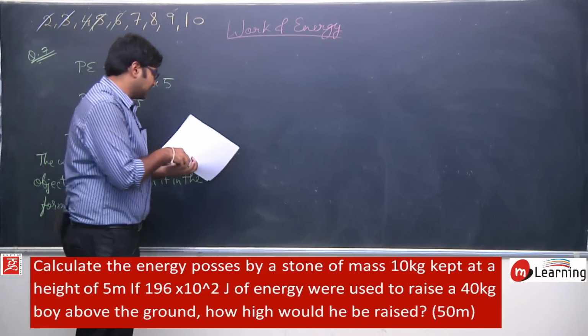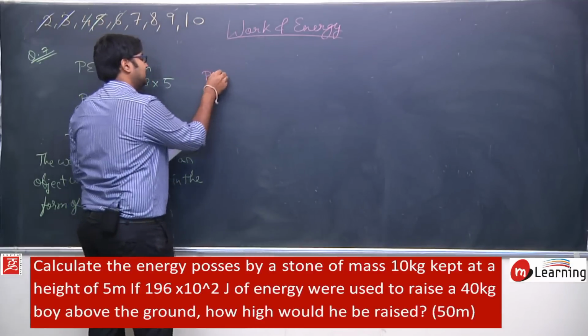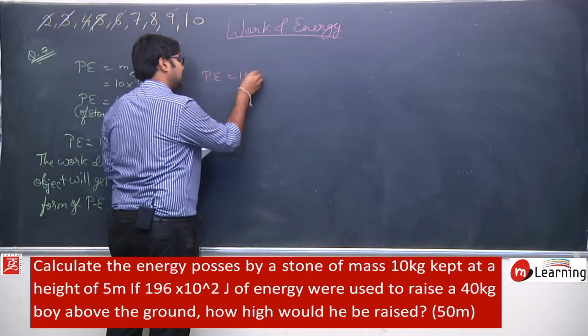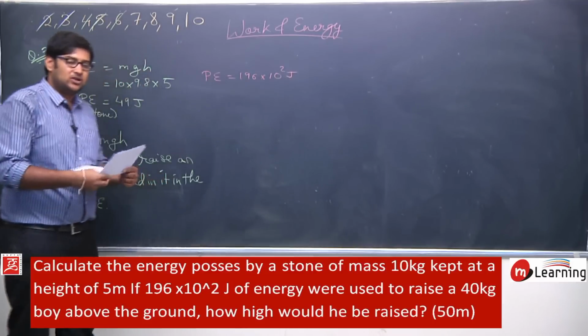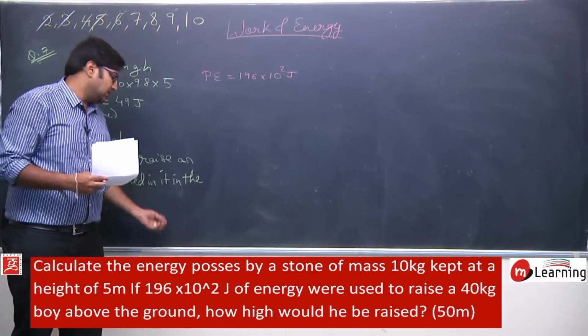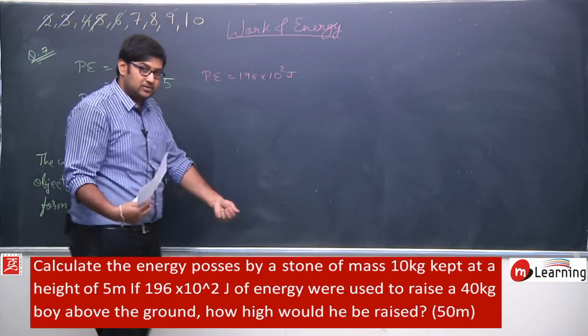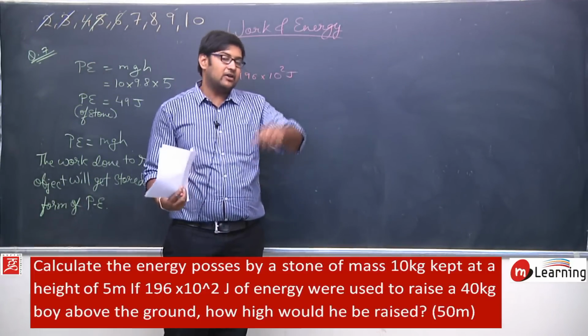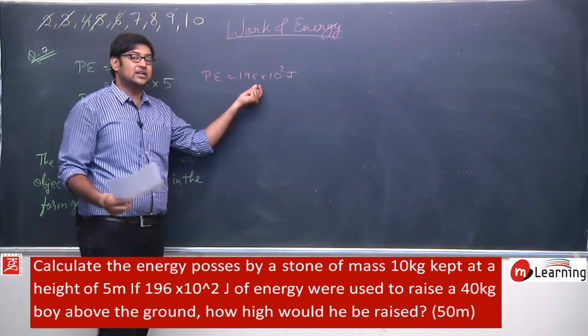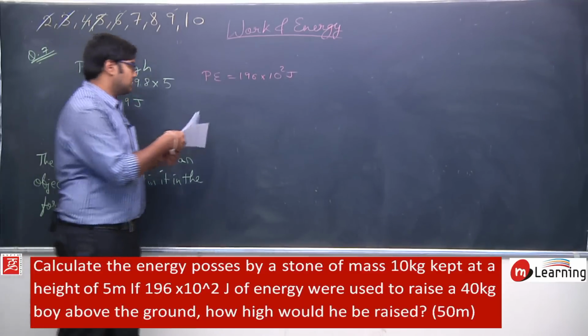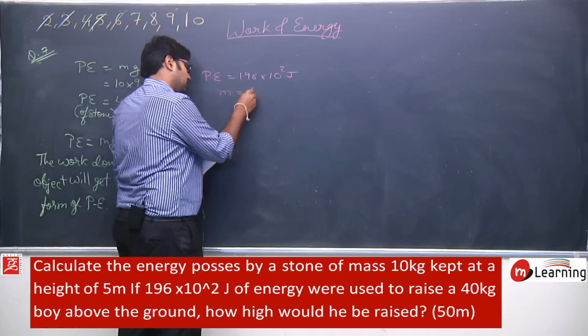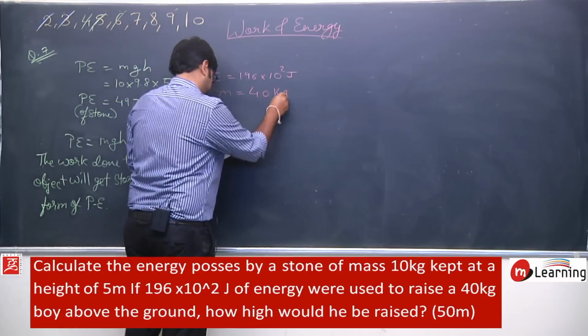So that's why potential energy is equal to 196 into 10 to the power 2 joules. Okay, because the work done is stored. The energy that I have spent is converted to work, and that work is stored again in the form of energy inside this boy. Okay, so the mass of the boy is given as 40 kgs.